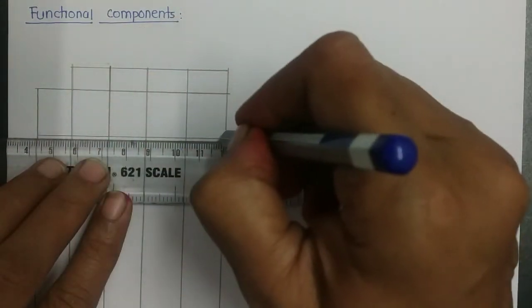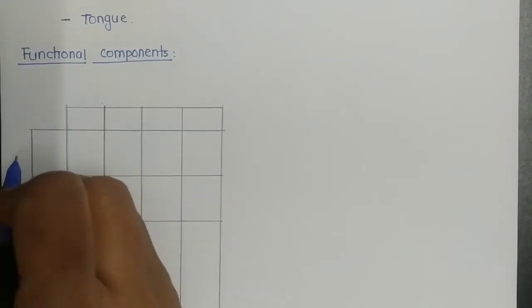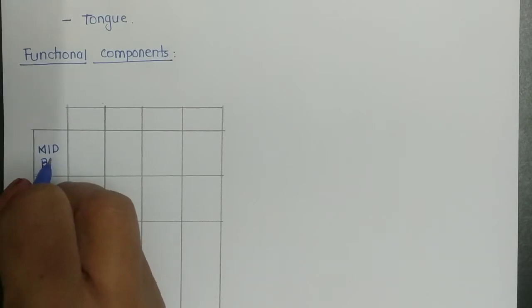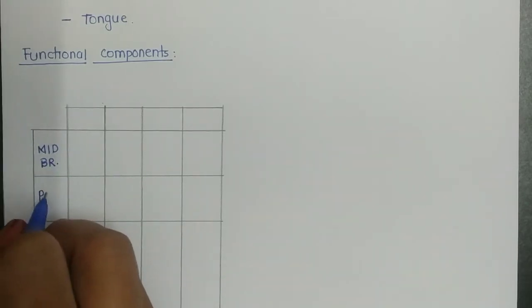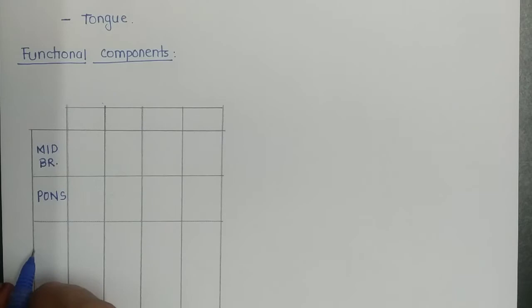So this represent the midbrain, this represent the pons and this represent the medulla.